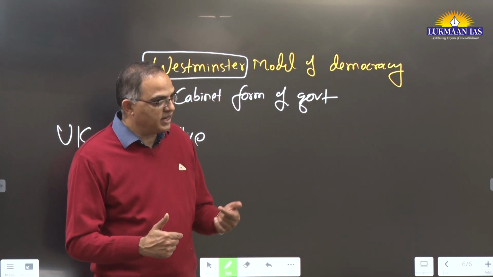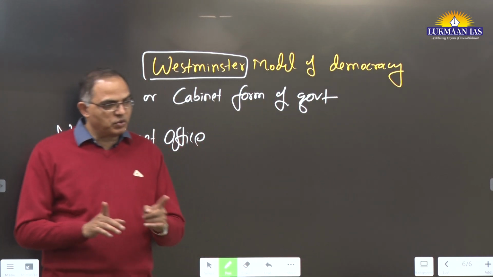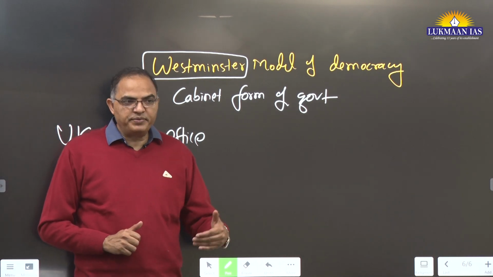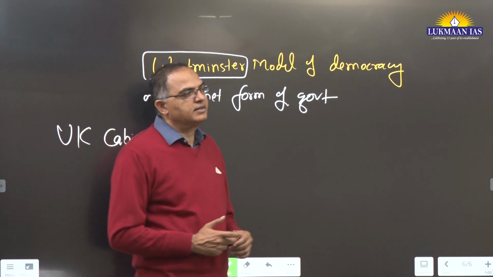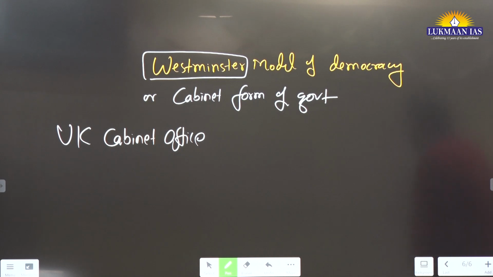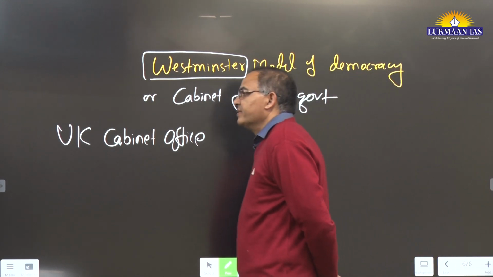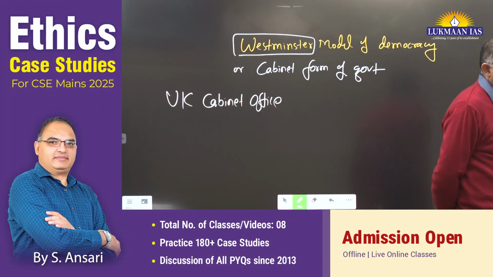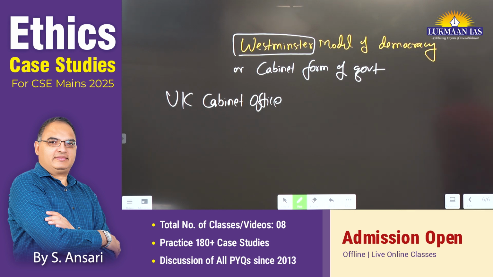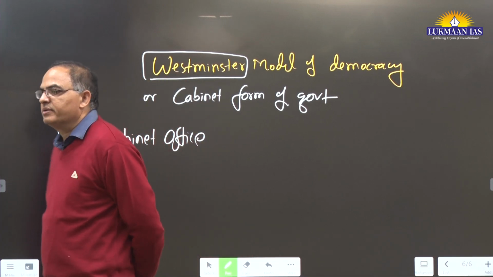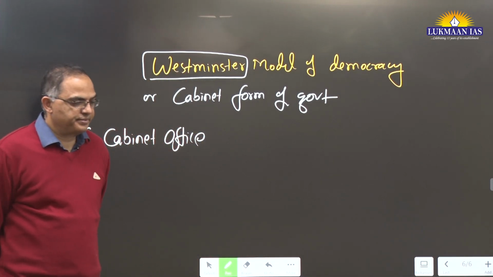But as far as federal polity and independent judiciary are concerned, we will be closer to the US system. So we have differences, but let's write that: even if there are differences, similarities are more overwhelming than differences.